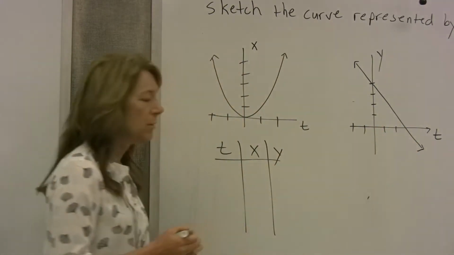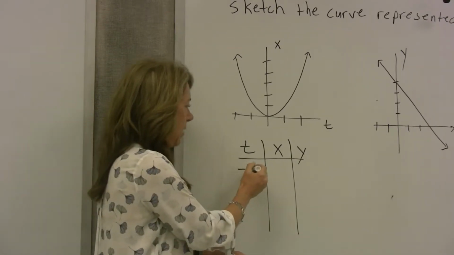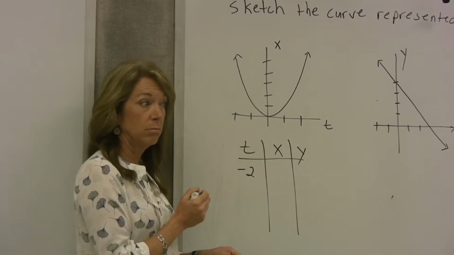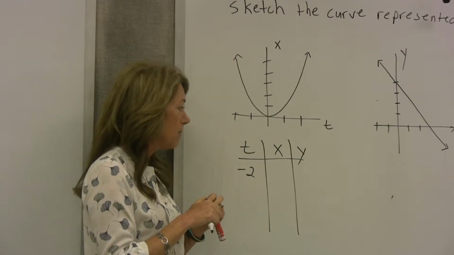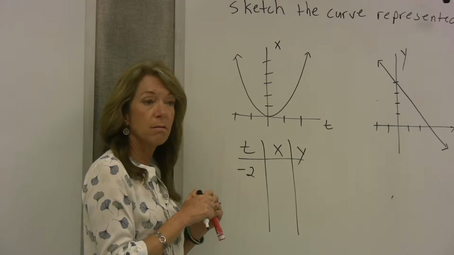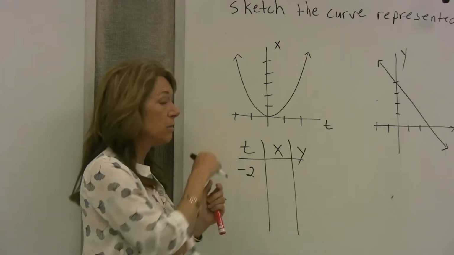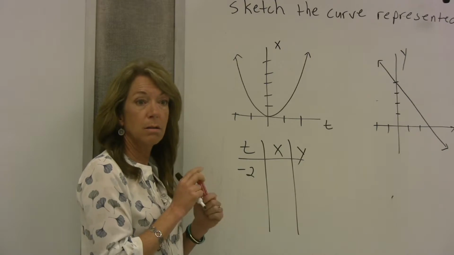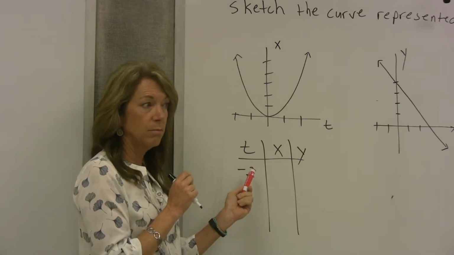Okay. Now, if t equals, say, -2, what is my point that I would be at when I find that? Based on these pictures. What's the x that goes with t equals -2?